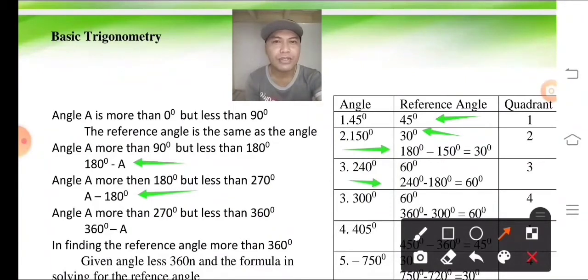Now if angle A is more than 270 degrees but less than 360 degrees, it is 360 degrees minus the given angle. So if we have 300 degrees as an example, 360 degrees minus 300 degrees, the result is a 60-degree angle.